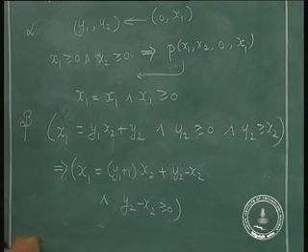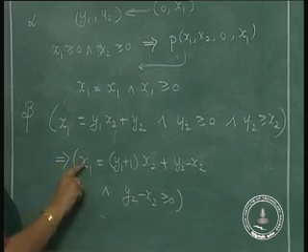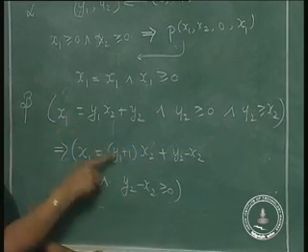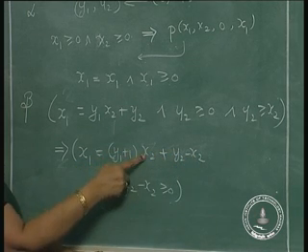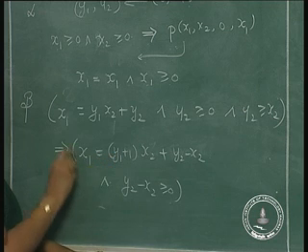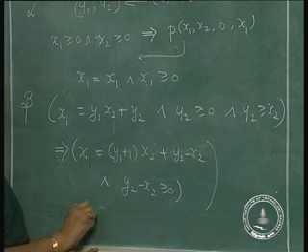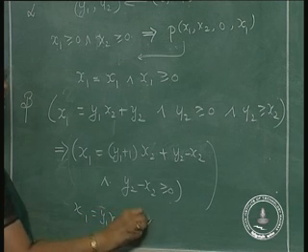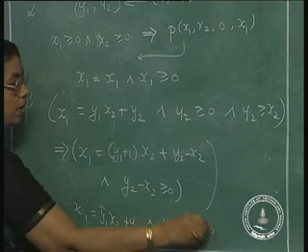Let us check whether it is true or not. Now, if you simplify this, you will again get this, because this x2 will cancel with this x2 and so you will again get y1 x2 plus y2. So, this portion reduces to x1 is equal to y1 x2 plus y2 and y2 minus x2 greater than or equal to 0.